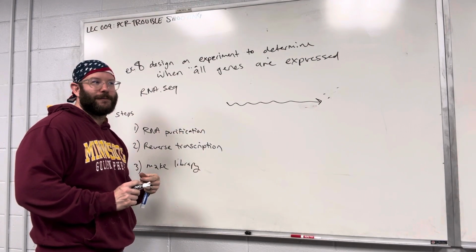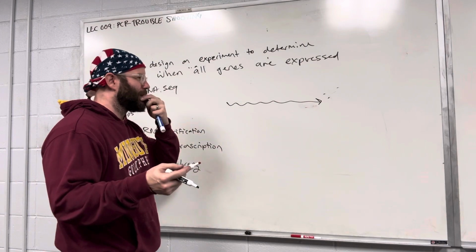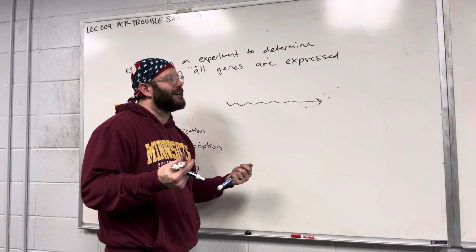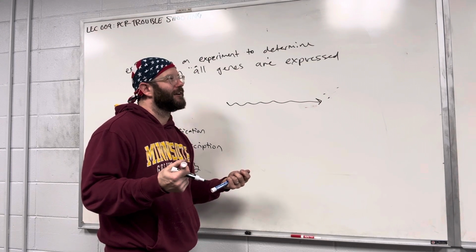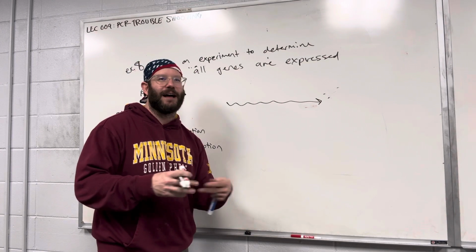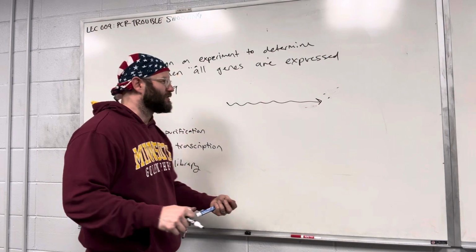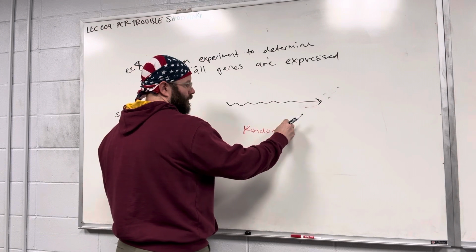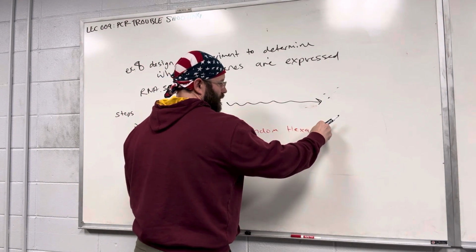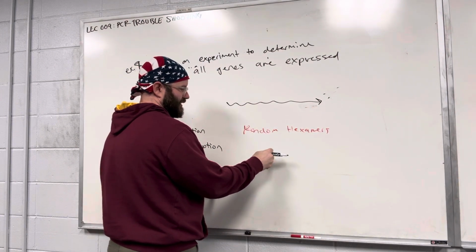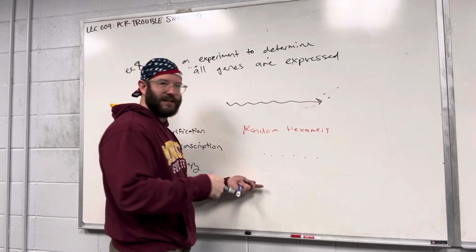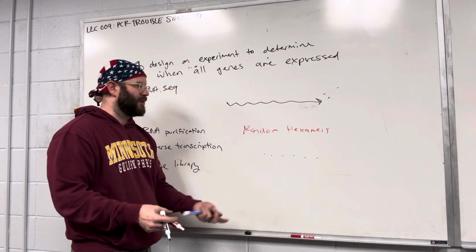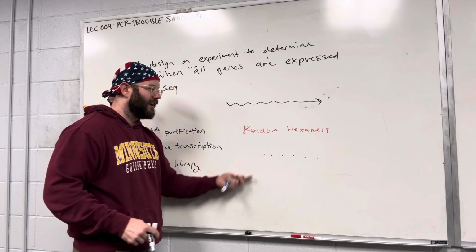Degenerate? I wouldn't use that word. I think what you're saying is that they sloppily bind everything. Those primers are called random hexamers. Random hexamers are just a series of 6 A's, T's, G's, C's randomized, and they can bind all different transcripts because in theory, all different transcripts have different sequences.